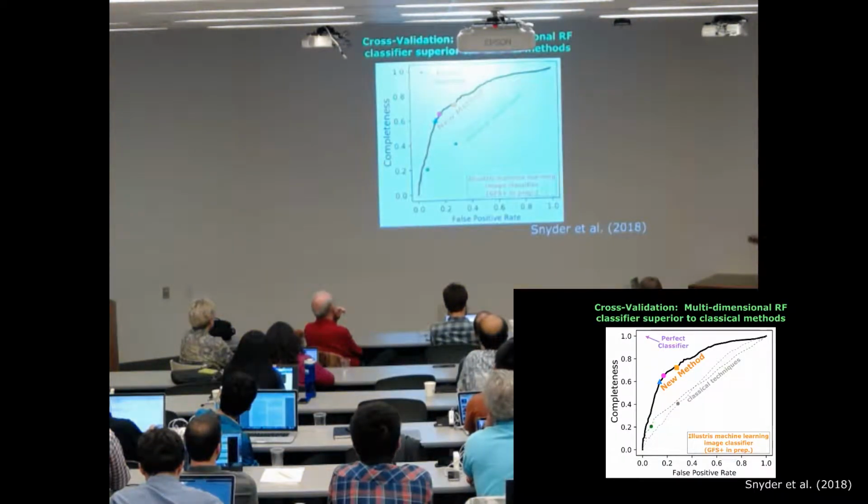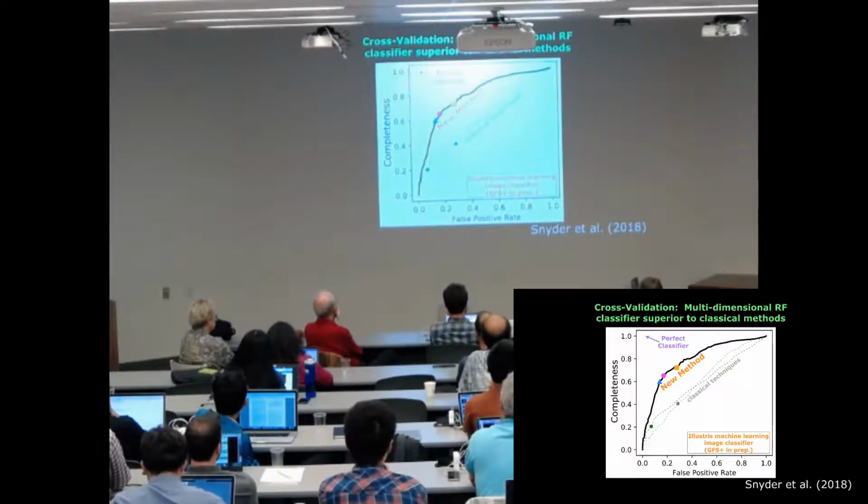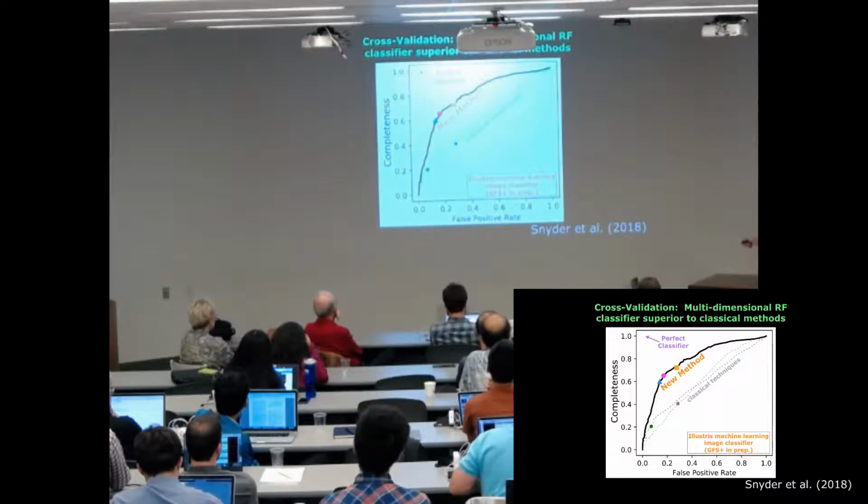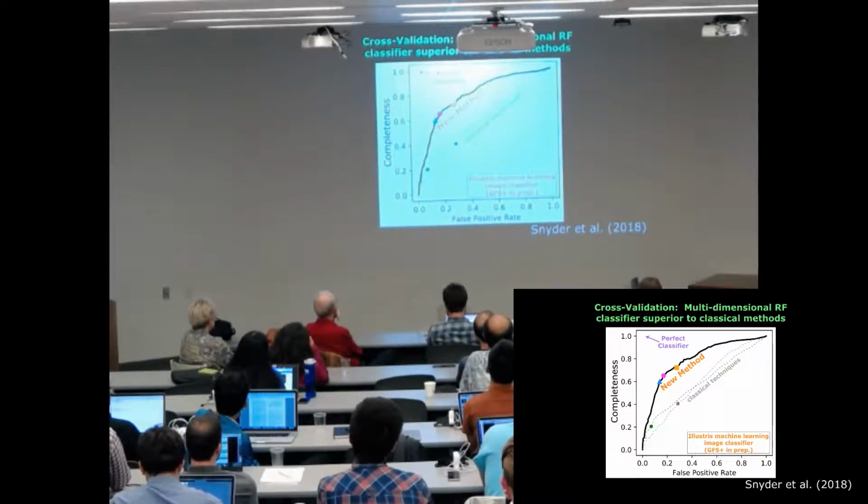We've cross-validated the multidimensional random forest classifier and shown that it's superior to the technique of just using asymmetry or Gini and M20 alone to select mergers. So this is showing a plot of the completeness versus the false positive rate for our new method at redshift of 1.5. And so the takeaway message is that we get a factor of 2 better completeness.